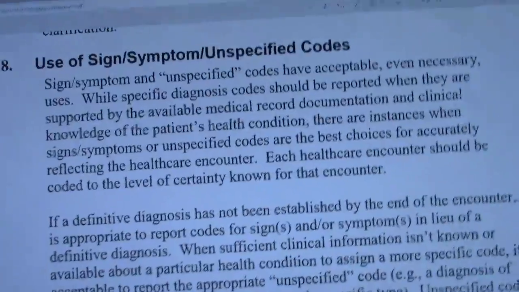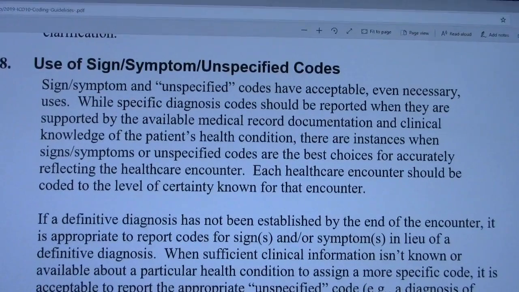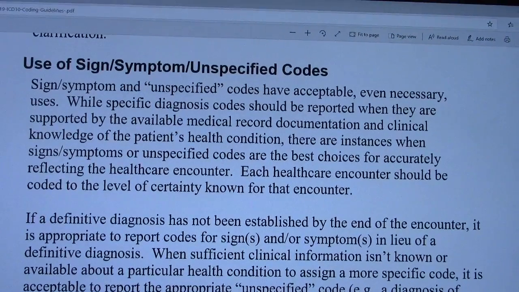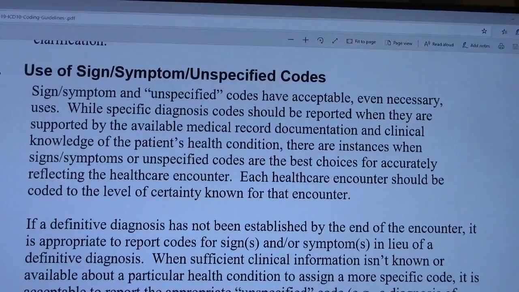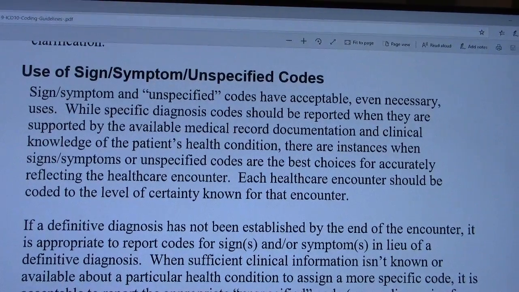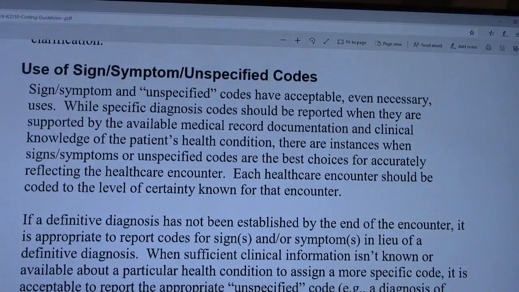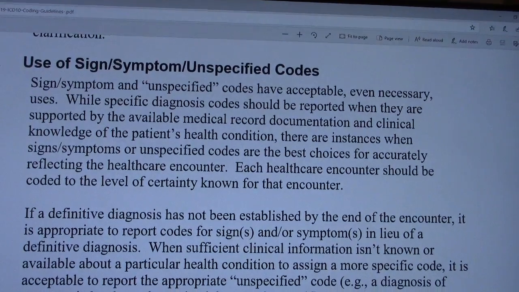All right, we're going to start first with reading the guideline. Follow along with me. And it says, use of signs, symptoms, unspecified codes. Signs, symptoms, and unspecified codes have acceptable, even necessary uses.